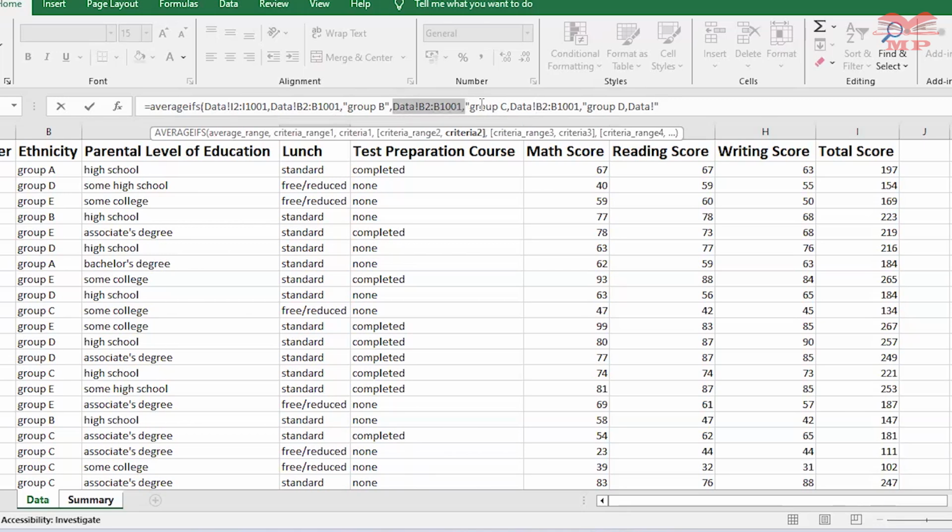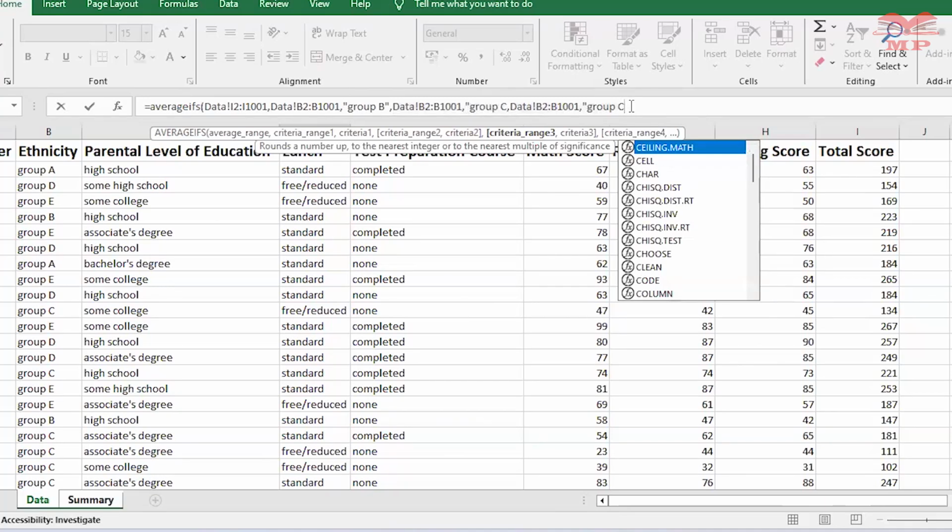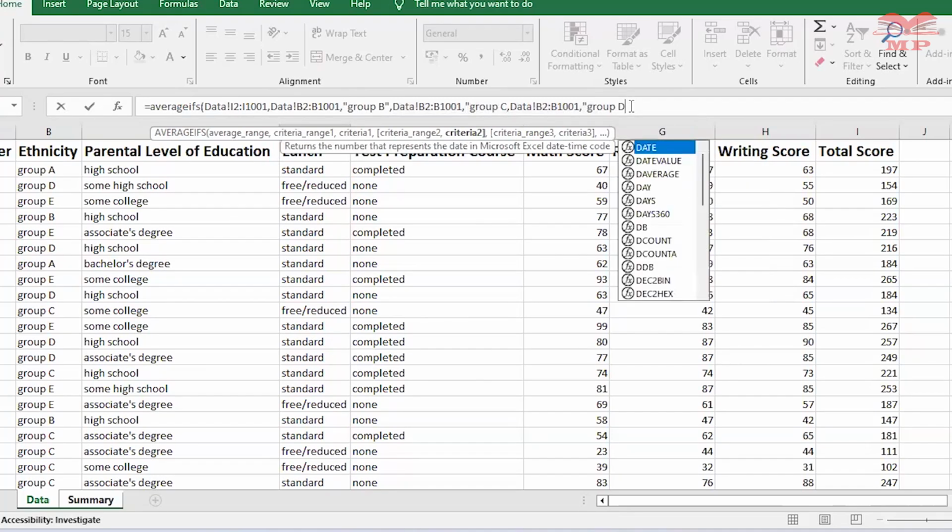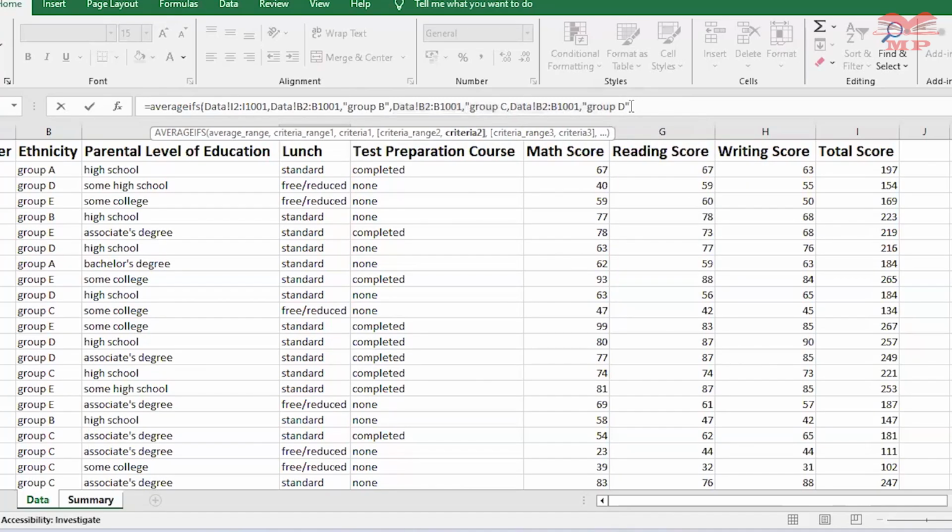Just copy this again. Paste that and change this to group D. Should be correct now. Then I have the last one. Paste that and change that to group E.